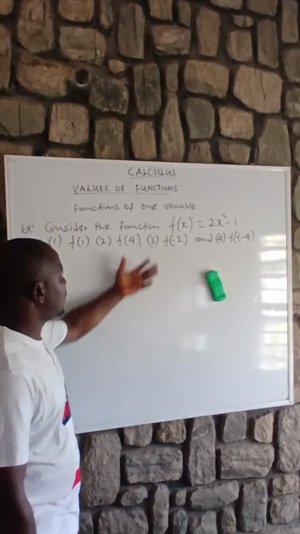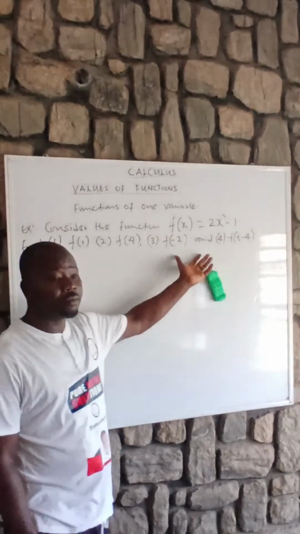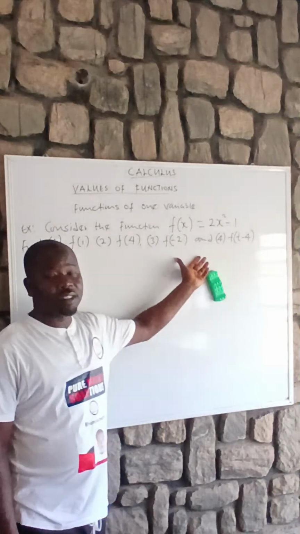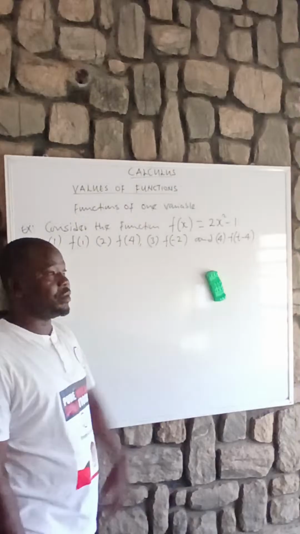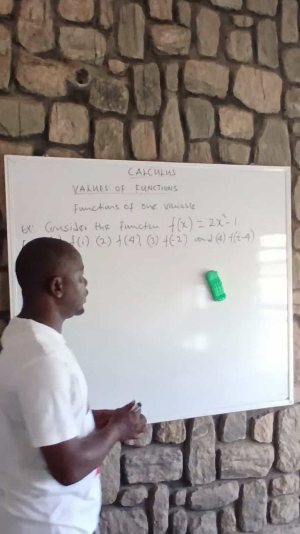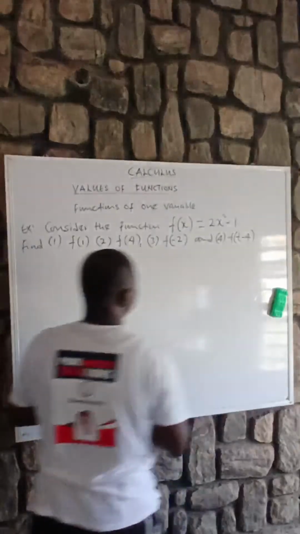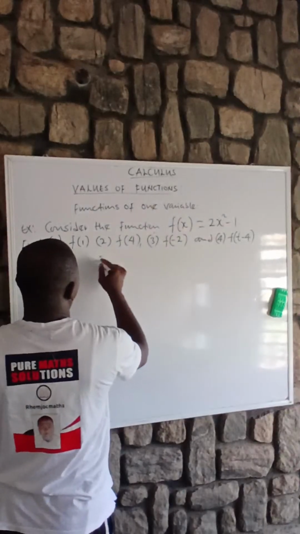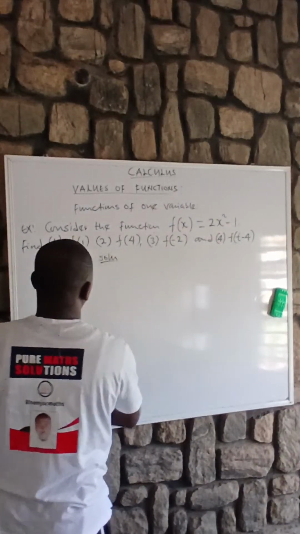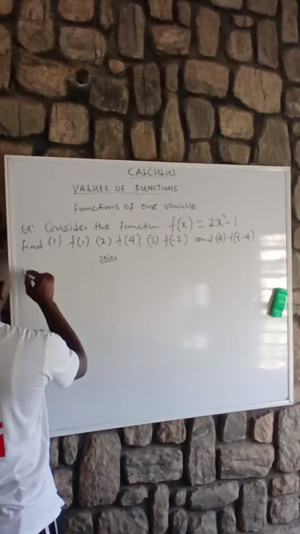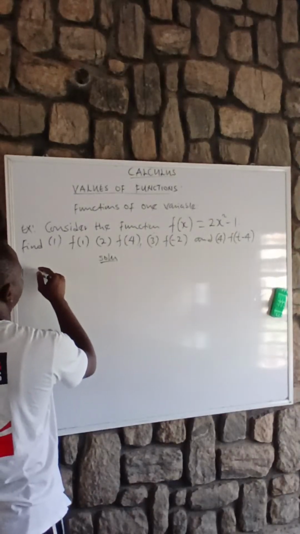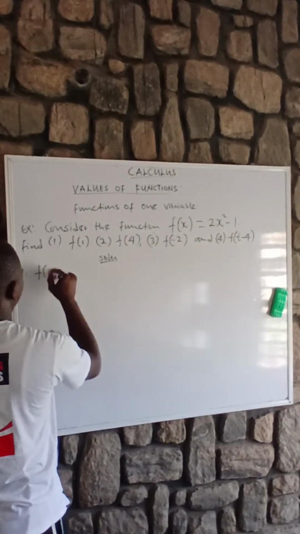So when you come across functions of this form, this is how you are going to tackle them. Is that clear? So let's proceed by writing solution 1. f of 1, right?